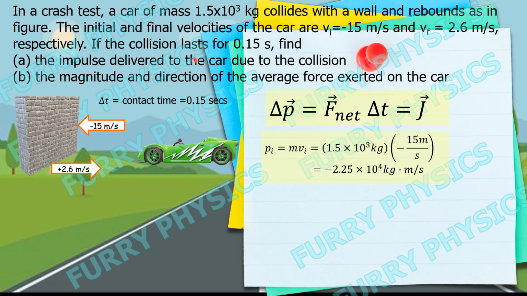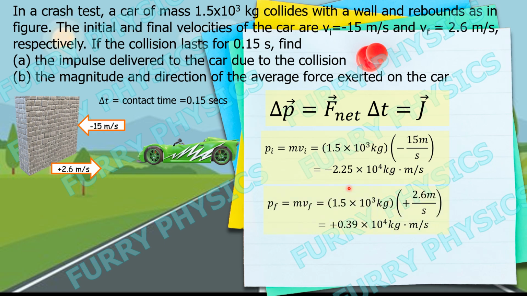Given the mass of the car, which is 1.5 times 10 to the 3 kilograms, and the initial velocity of the car, we can solve for the initial momentum of the car. So the initial momentum will be equal to the mass times the initial velocity. Hence, the initial momentum is negative 2.25 times 10 to the 4th kilogram meter per second.